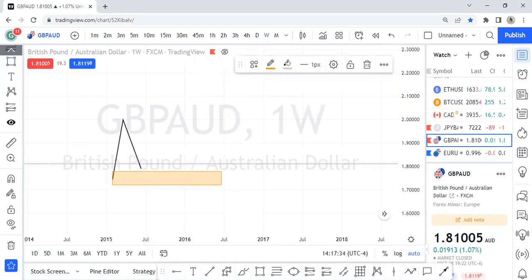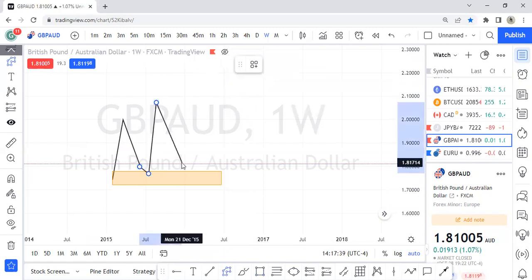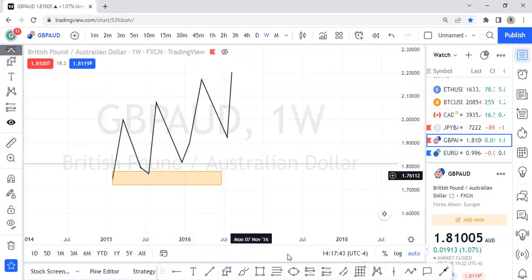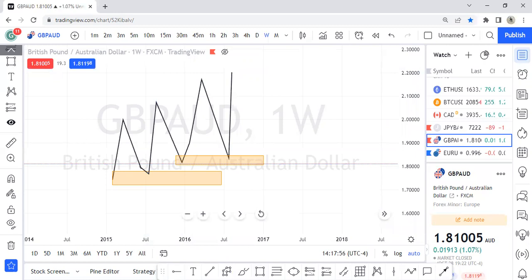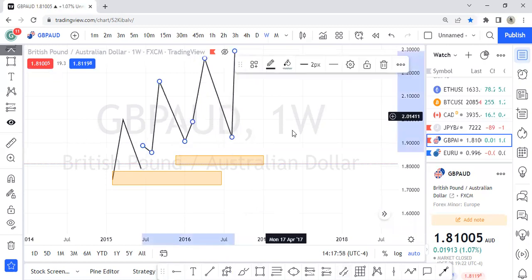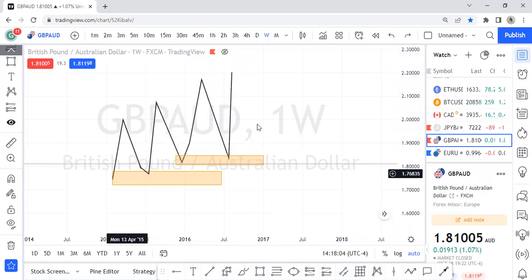So the market should create a new high, form another demand zone, make a new high, and all of that. This is how we all expect the markets to look, but that isn't actually the case, or not always the case, because the market does not move in this fashion.